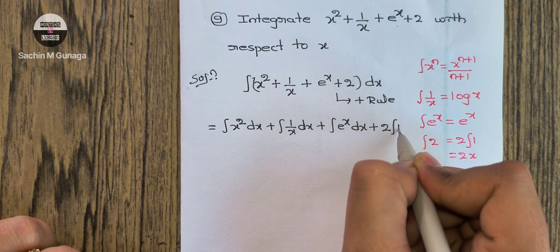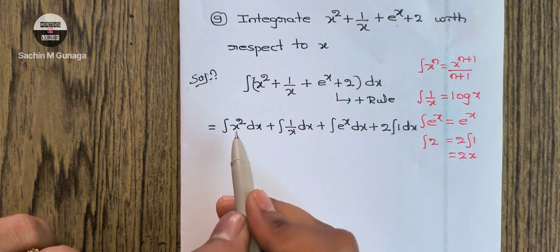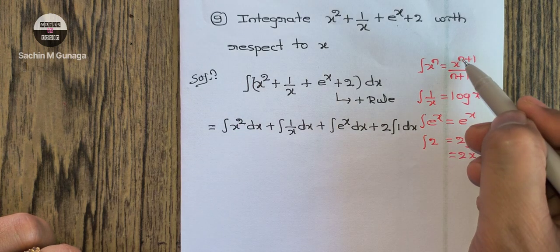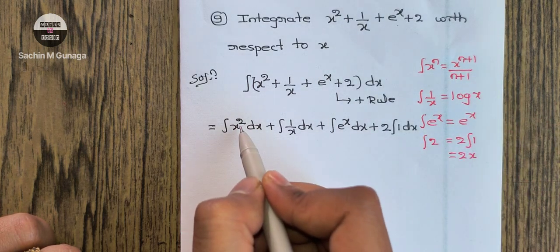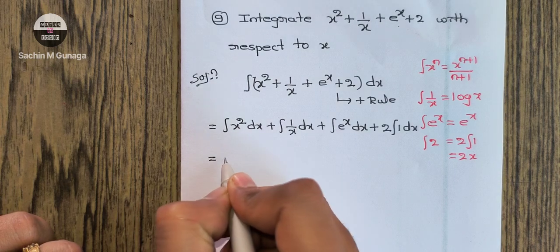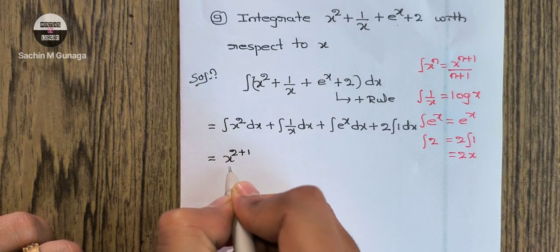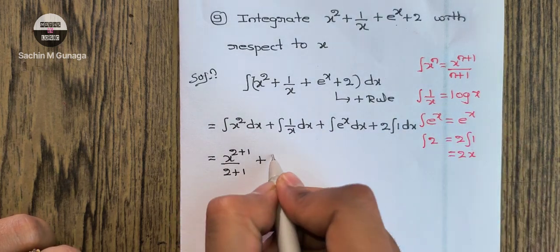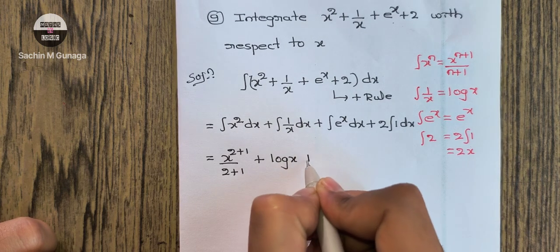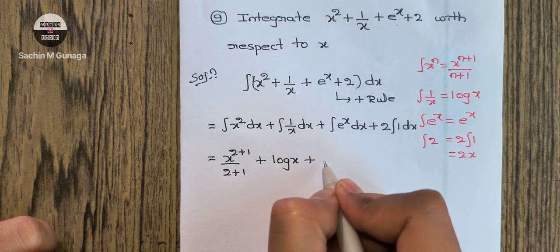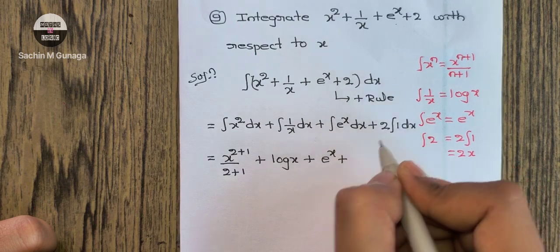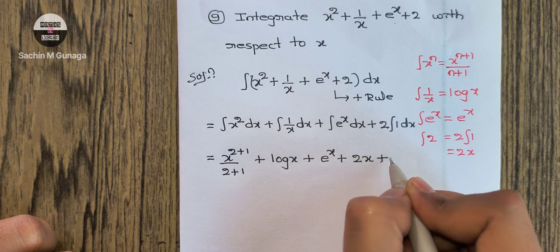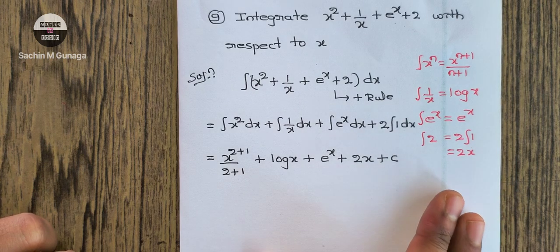What is the remaining value here? 1 with respect to dx. We know for x squared, n is 2. Therefore in the answer wherever n comes we need to replace it by 2. Which is equal to x power 2 plus 1 divided by 2 plus 1, plus 1 divided by x integration is log x, plus e power x integration is e power x, plus 2 as it is, 1 integration directly goes to x, then commonly we write plus c, the constant of integration.